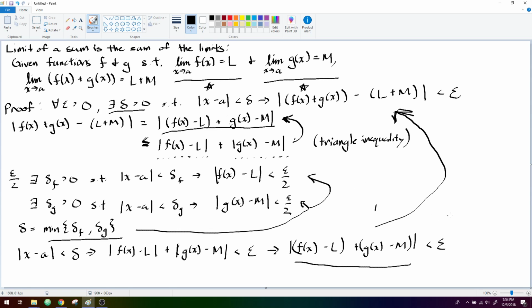And so we've finished our proof, guaranteeing x minus a to being smaller than this delta which we've chosen using values which are guaranteed to exist, ultimately guarantees to us that we have properly squeezed our function using whatever epsilon we want.